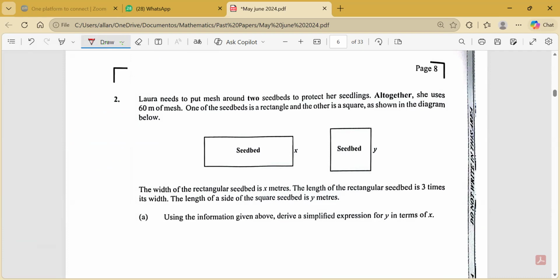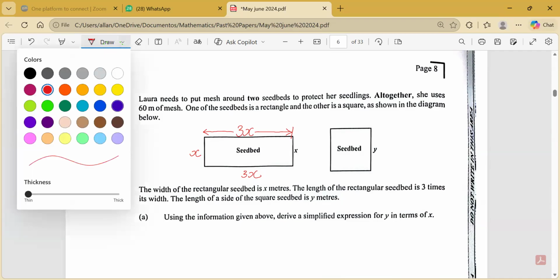So what do I put for the length if it's 3 times the width? 3x. All right, continue.